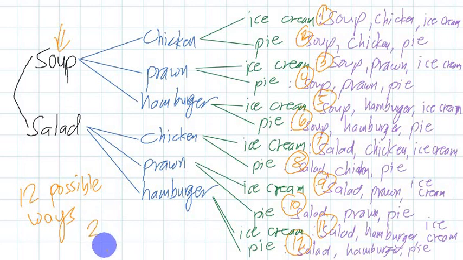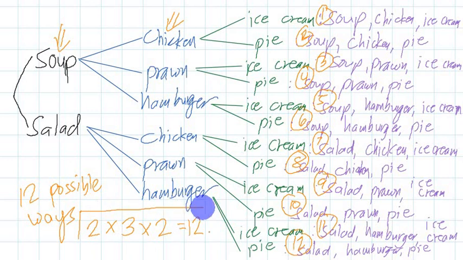We had 2 choices, and we distributed or multiplied it by the number of mains that we have. These are 2 entrees. Then we would have 3 mains, and these 3 mains were distributed to 2 of our desserts. So if we're going to do that as multiplication, we'll have 2 times 3 times 2 equals 12.